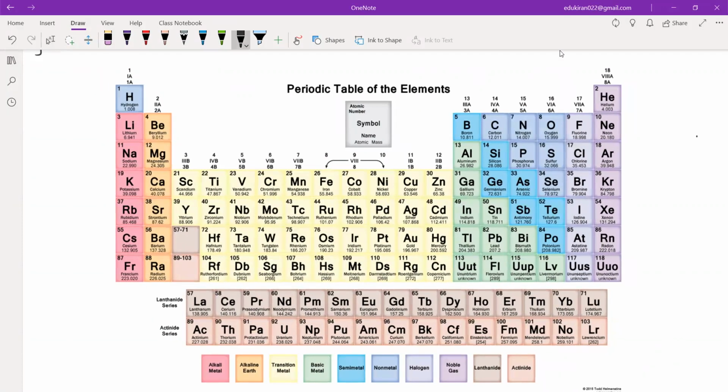That's what I want. So as you can see, here should be lanthanum and here should be actinium. We'll not worry about actinium; we'll worry only about the lanthanum here.